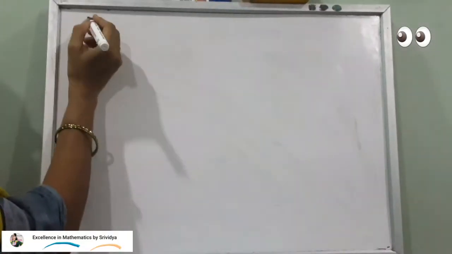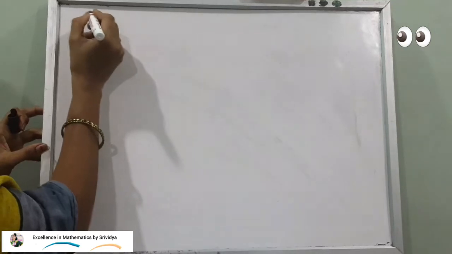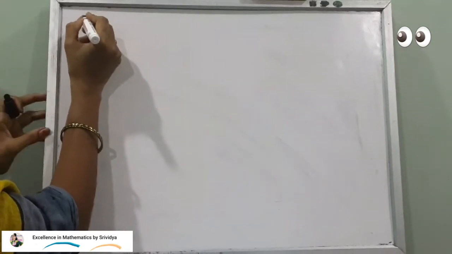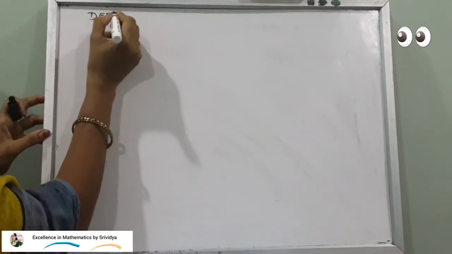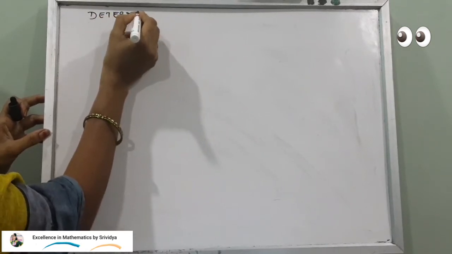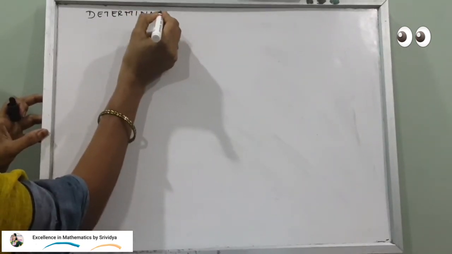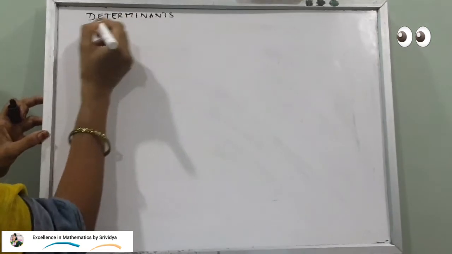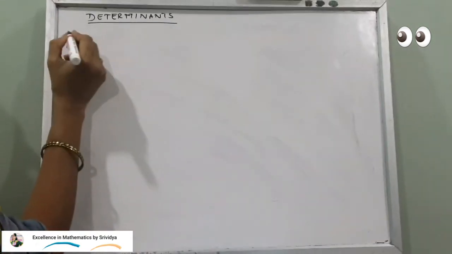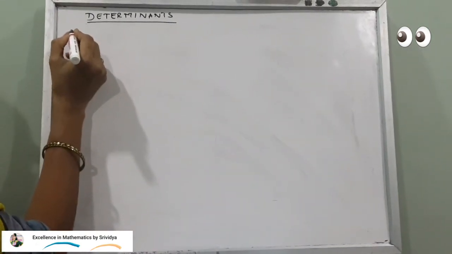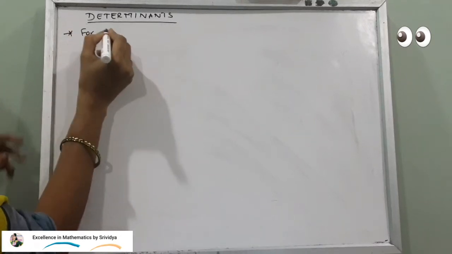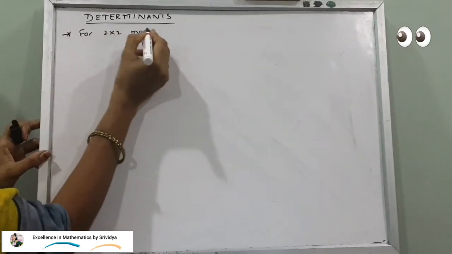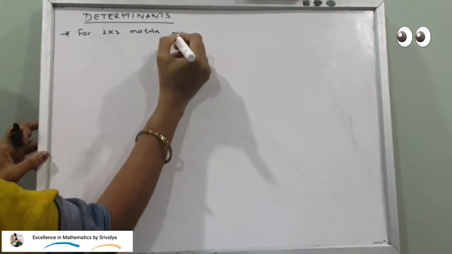Next concept is determinants. Already we have discussed it for a 2 by 2 matrix.